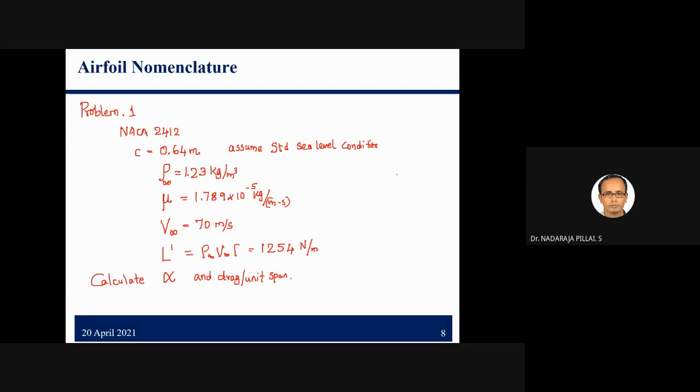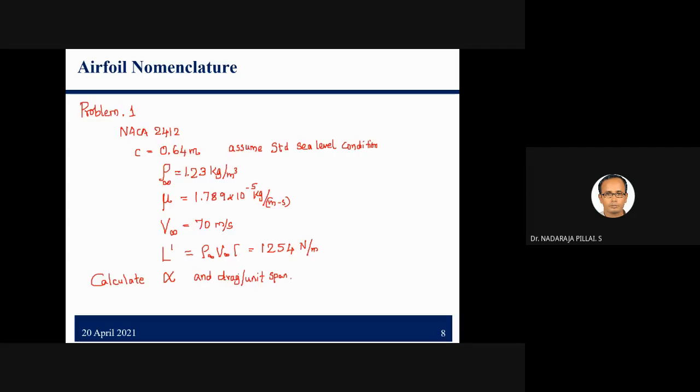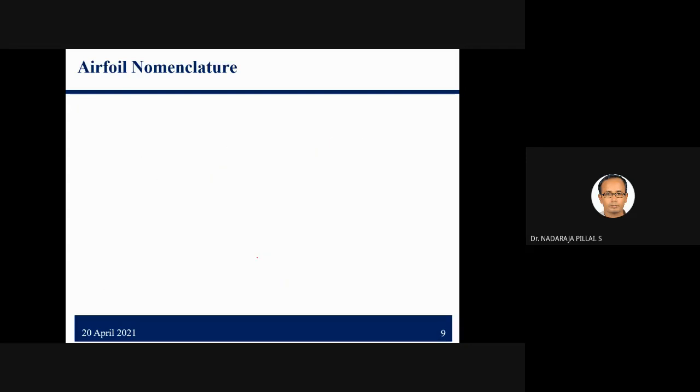So let us start with the calculation. You have the lift per unit span, and we have L dash. If you know L dash, you can calculate CL. L dash is 1254. So what is CL?